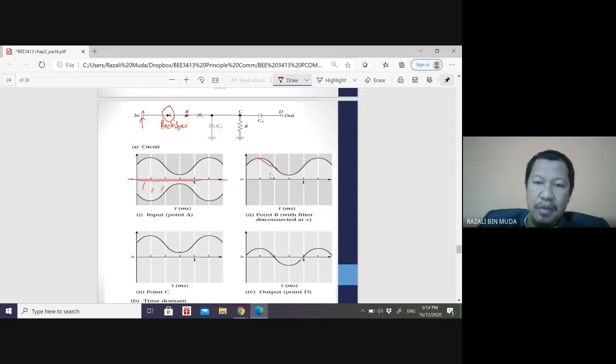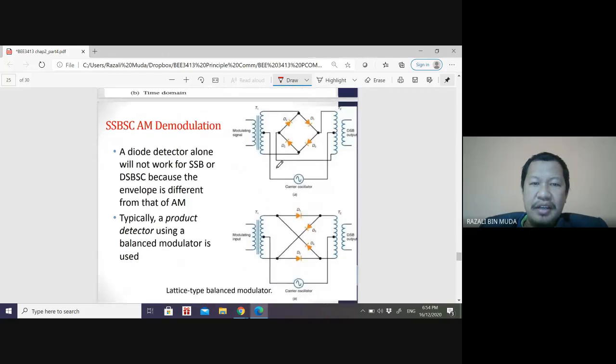And at point D, the signal has been shifted to the center at 0 volt. So now you have positive and negative, peak to peak. So basically this is the envelope detector circuit.